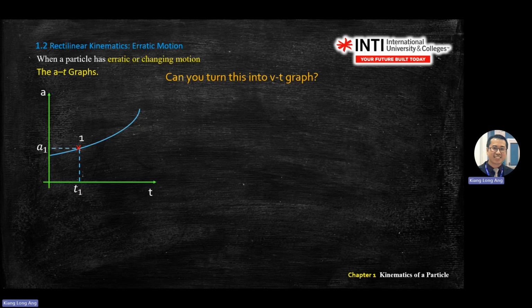Why? Because you are converting the A and T graph into V information. This graph is A and T information, so you want to convert this one to V information. Let's say you have a point here. This point is AT information.